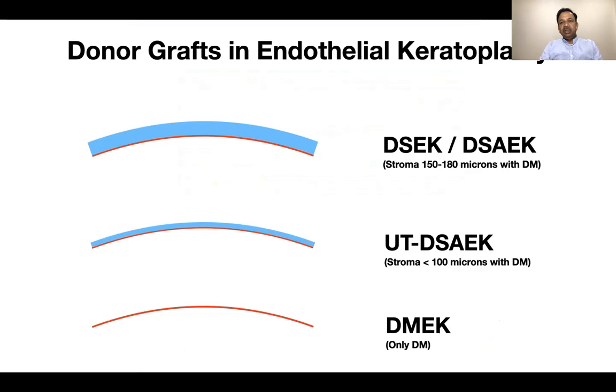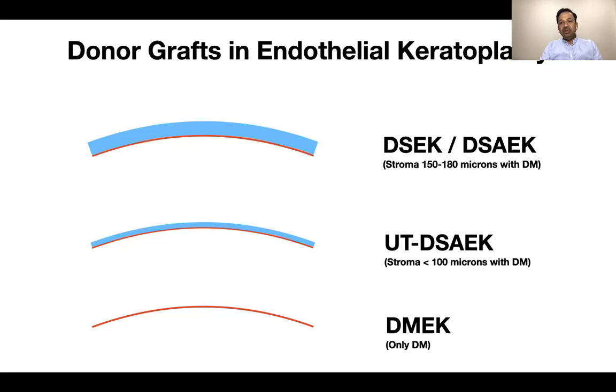Now let's look at the different procedures. When you talk about DSEK or DSAEK, the donor tissue basically consists of the donor stroma, which measures about 150 to 180 microns, along with the Descemet membrane and the healthy endothelium. In DSEK, the donor lenticule is prepared via manual dissection after loading the donor graft onto an artificial anterior chamber.